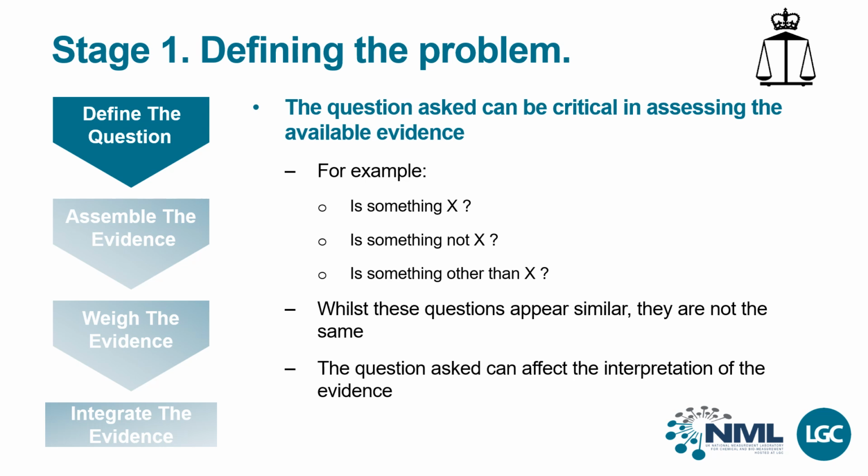Similarly, if a vegetable was described as organic, the questions may be, is this sample organic, or is this sample not organic? Again, it is easier to answer is this sample not organic by a series of tests, whereas there is no test available to positively establish if a vegetable has been produced using an organic regime.